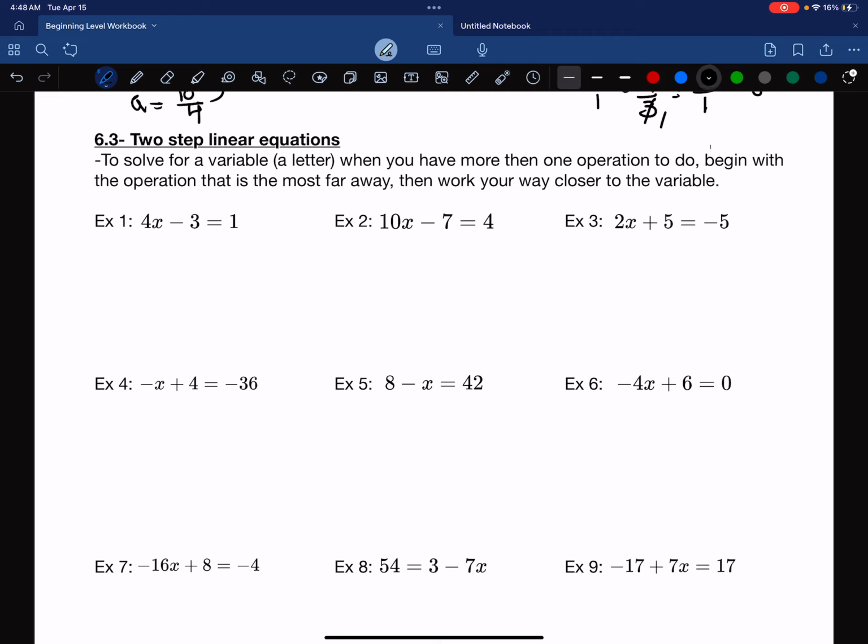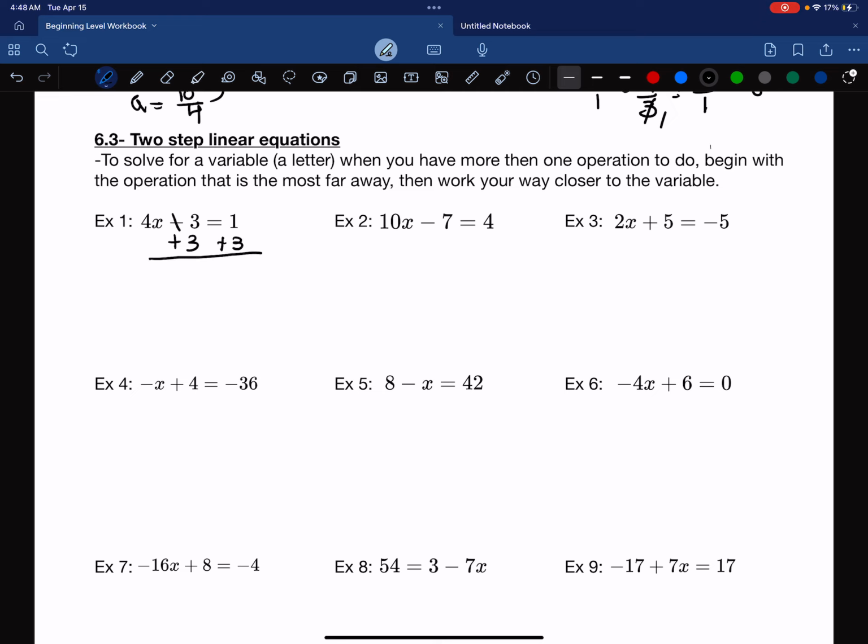And if you look at it, this minus 3, or you could think of it as this 3, is further away than this 4 is from the x. So because this 3 is further away, we're going to add that 3 first to both sides of the equation.